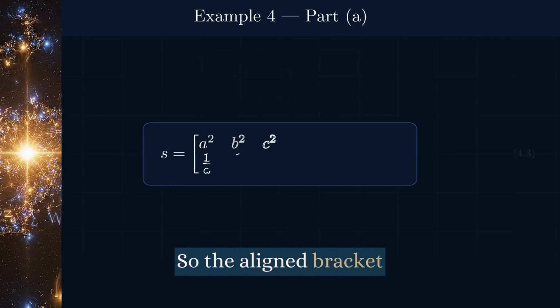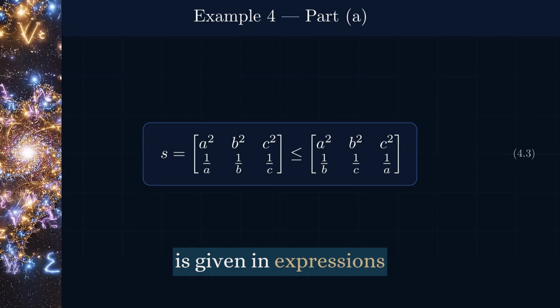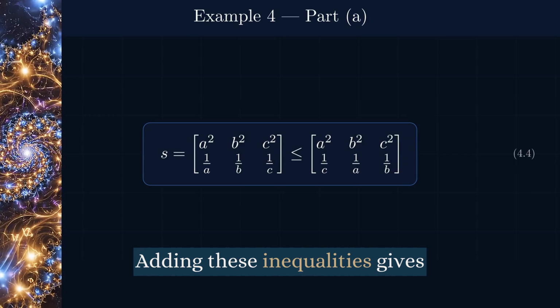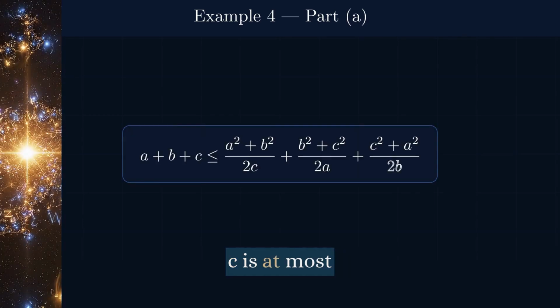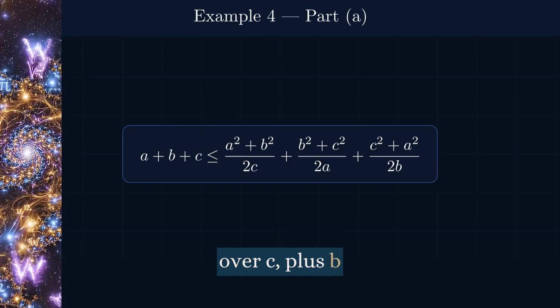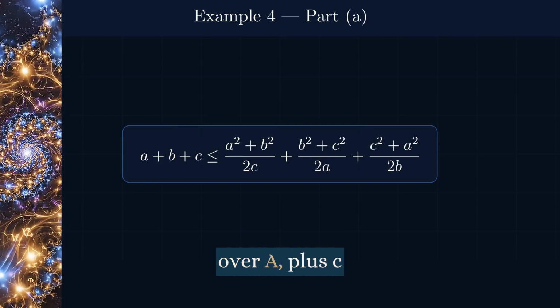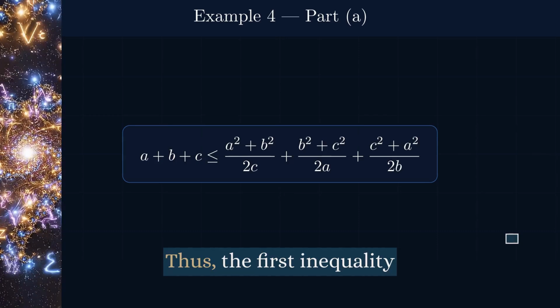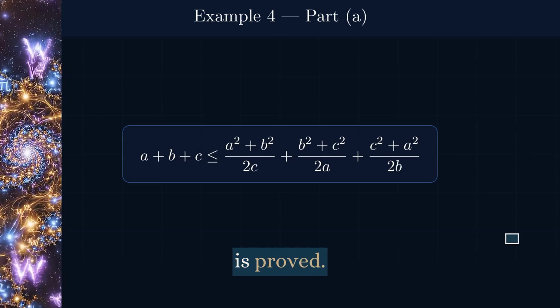So the aligned bracket sum is minimal, as is given in expressions 4.3 and 4.4. Adding these inequalities gives A plus B plus C is at most 1/2 times A squared plus B squared over C, plus B squared plus C squared over A, plus C squared plus A squared over B. Thus, the first inequality is proved.